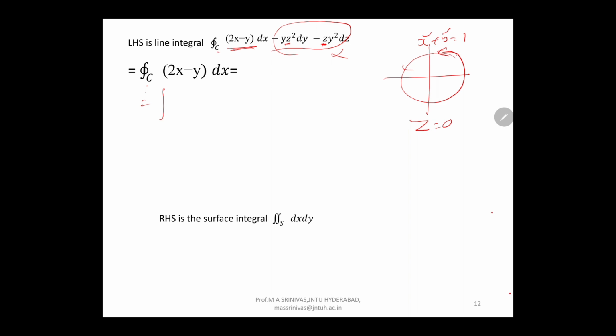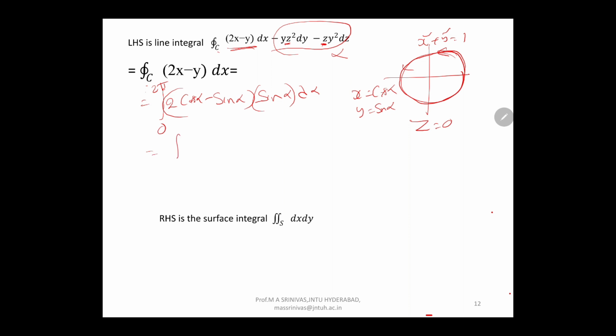I am converting that into parametric form, so that x is cos alpha, y is sin alpha. If I substitute, then alpha varies from 0 to 2 pi. So alpha varies from 0 to 2 pi, x is cos alpha minus y is sin alpha into dx, which is minus sin alpha d alpha.